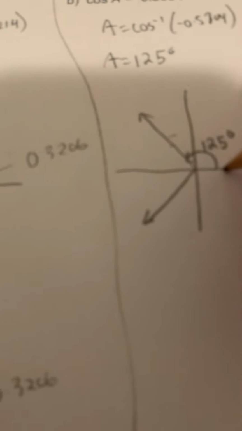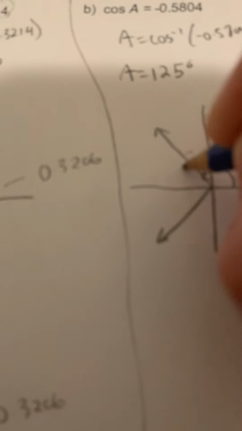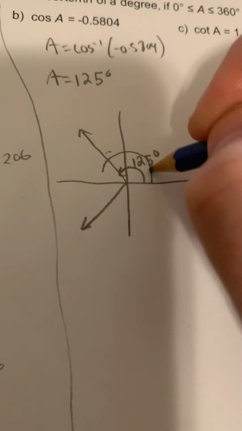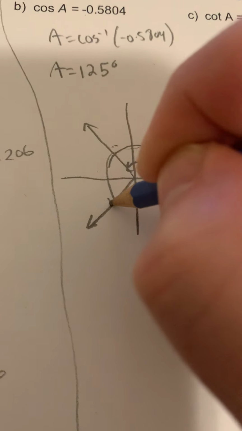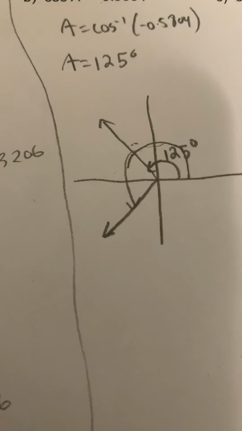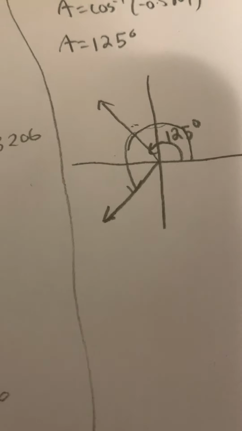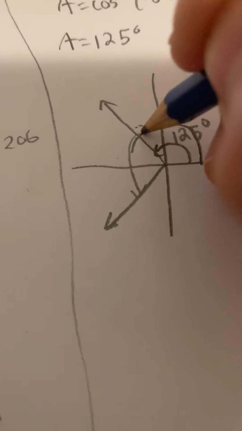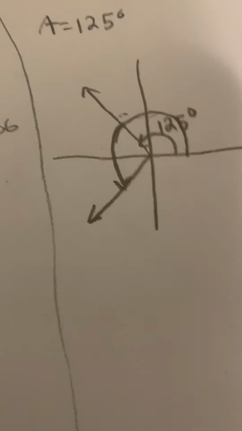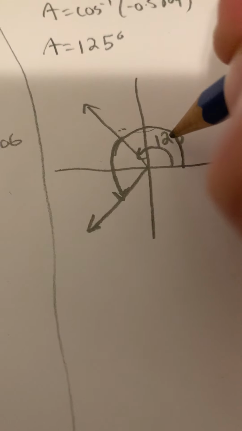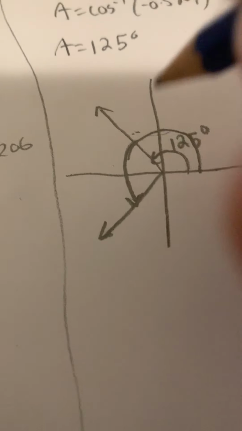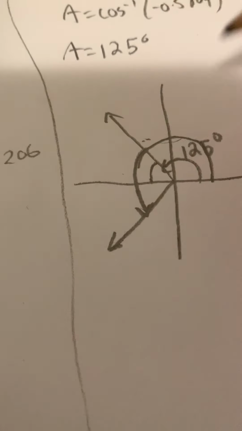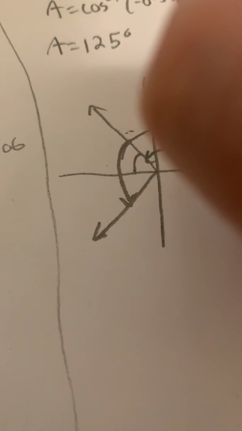So our next angle, these are just rough, is going to be an angle that goes from the initial arm all the way to this arm here. Okay, so we found the first one. Now we have to find the second one. The 125 is from here to here. That means this angle, beta, will be 180 minus 125.